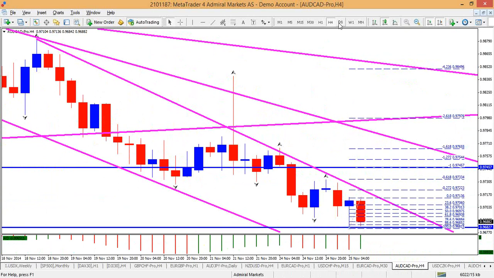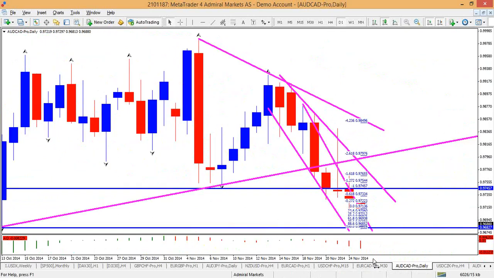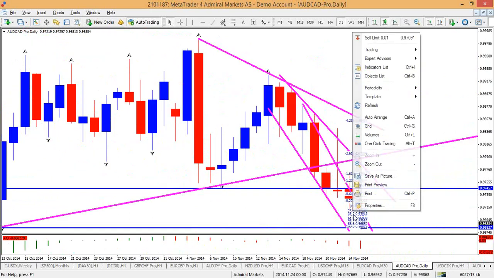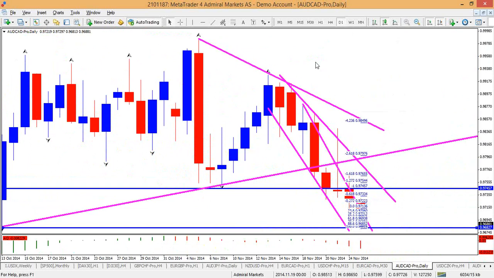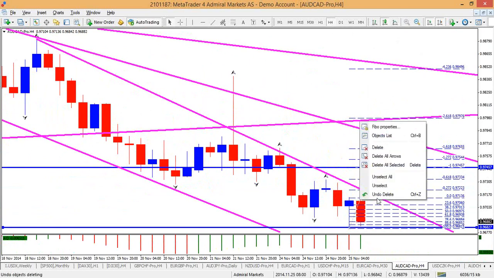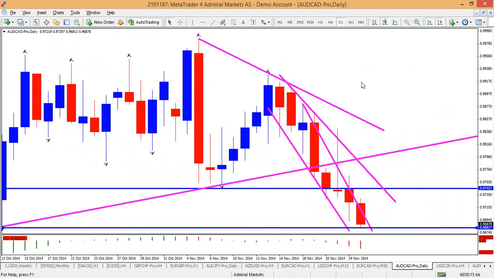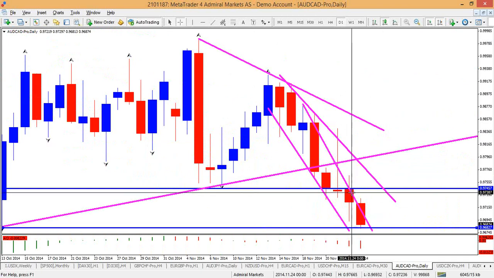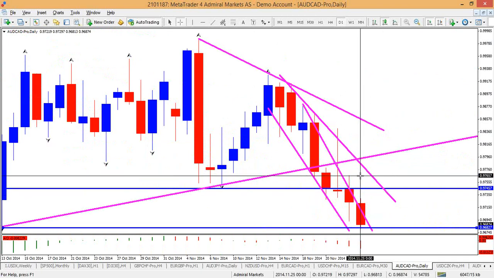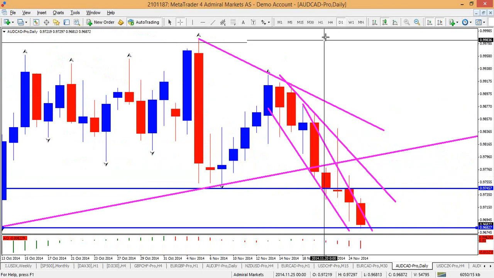Stop loss, let's see. Let me get rid of this fib. I think the stop loss would have to be above, in that case above yesterday's high, which is 97.70.